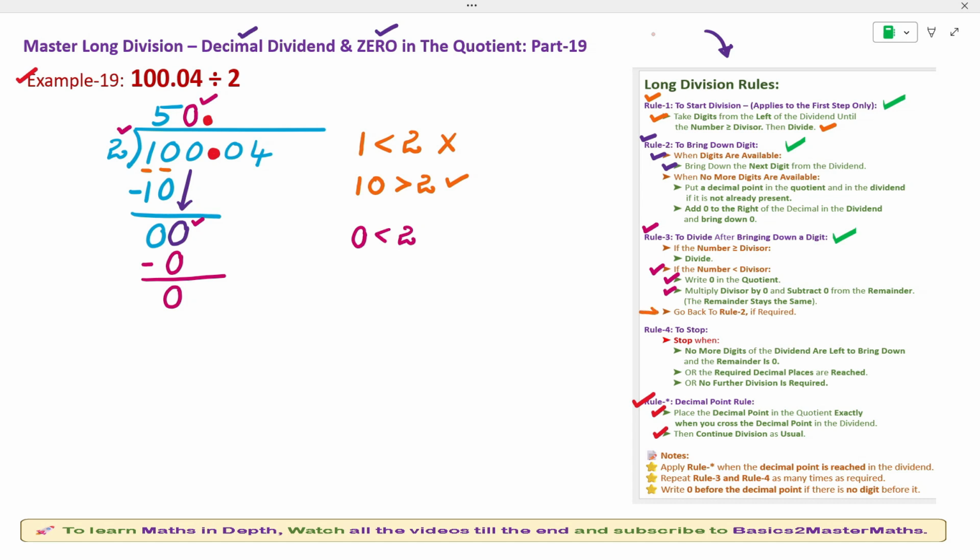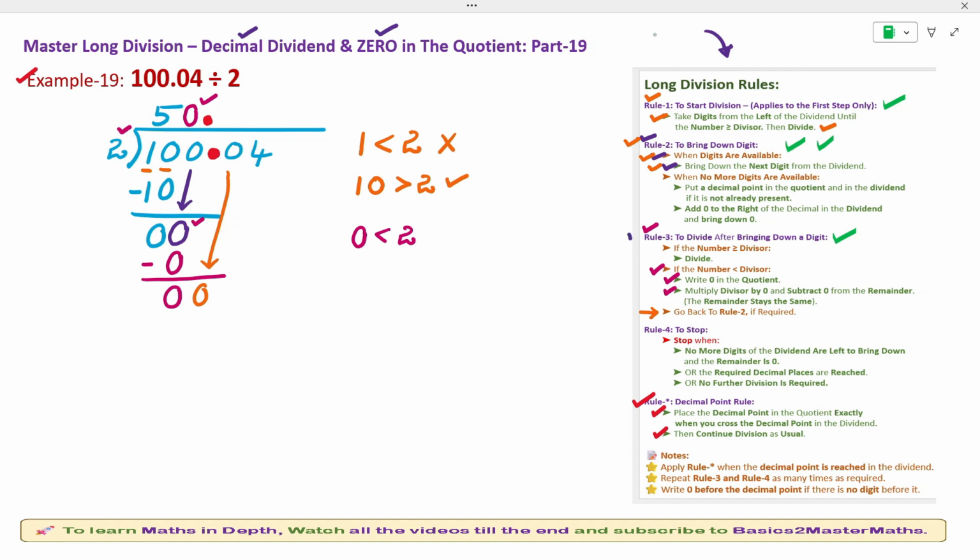Now, let us apply rule 2 again. When digits are available, bring down the next digit from the dividend. In this case, since the digits are available, bring down the next digit 0. Now, rule 2 is complete for the second time.